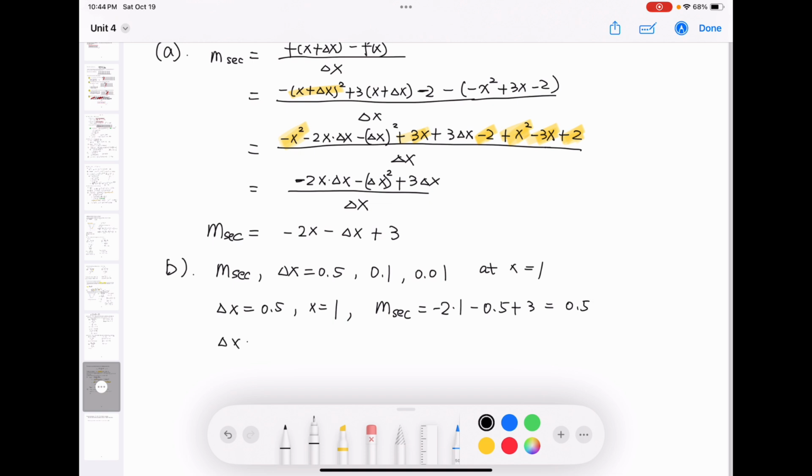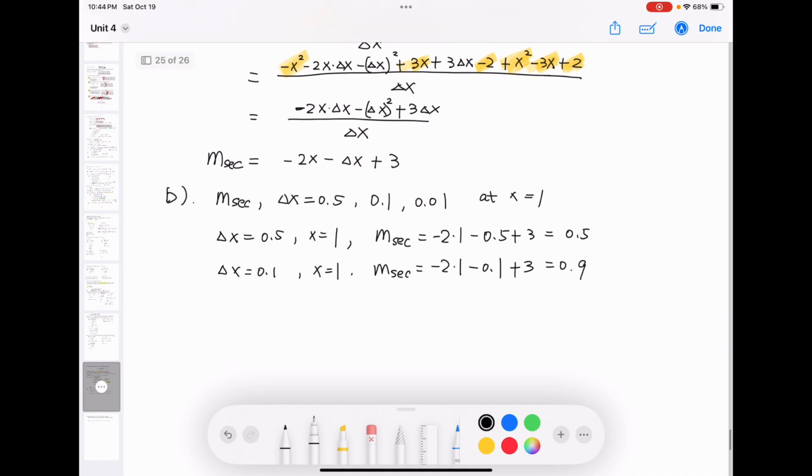And delta x is equal to 0.1, x is equal to 1. The m of secant is equal to negative 2 times 1 minus 0.1 plus 3, which is 0.9. And when delta x is equal to 0.01 and x is equal to 1, m of secant is equal to negative 2 times 1 minus 0.01 plus 3, which is equal to 0.99.